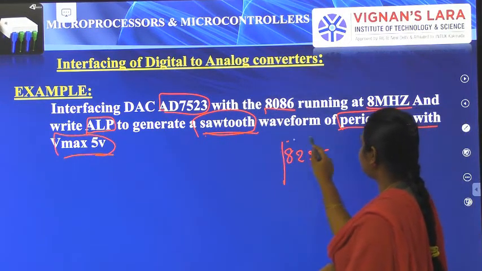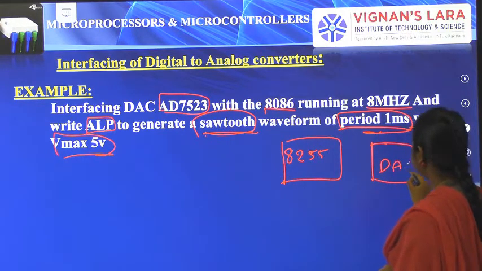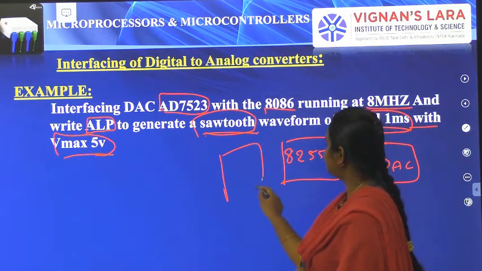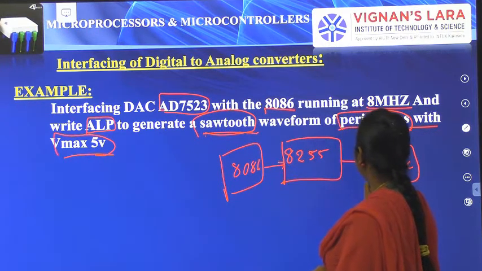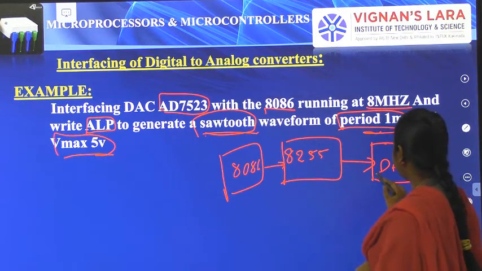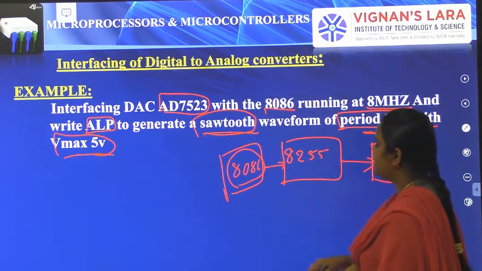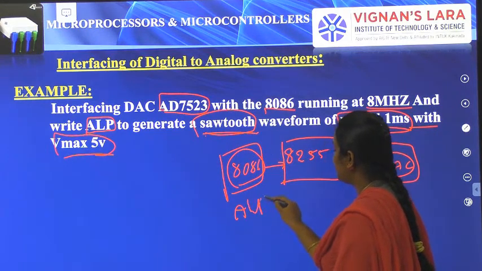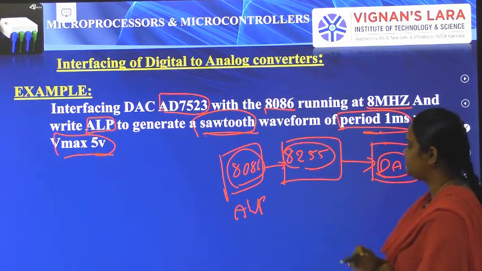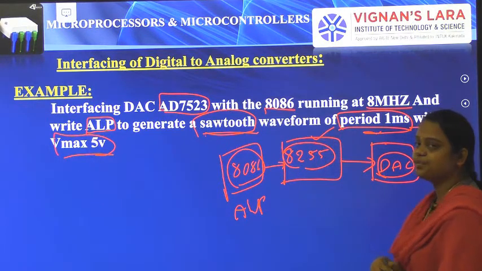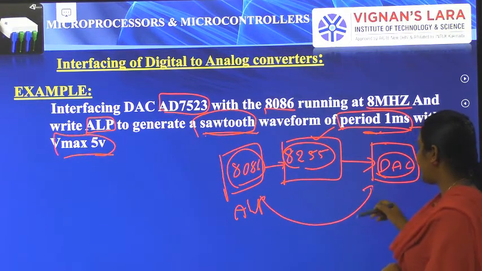The 8255 interfaces the DAC and the 8086, and we operate the DAC with the help of the 8086 by writing an assembly language program by using the 8255. Here the 8255 has ports for sending information from the 8086 to the DAC.